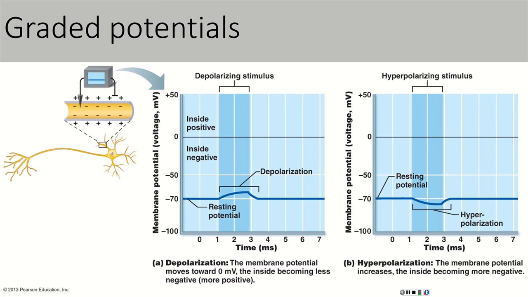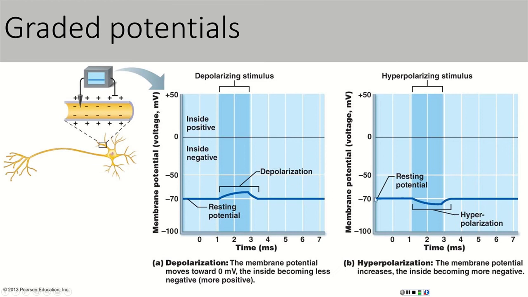Less negative is a weird way of saying it, I know, because more positive sounds a little bit more natural to say, but we actually say it becomes less negative than at rest. It's becoming less polar than it was. It's going back closer to zero. When we make a membrane that is polarized less negative, when we bring it closer to zero, we say that we are depolarizing the membrane.